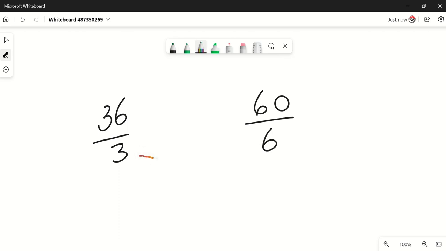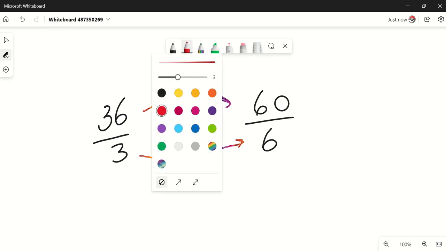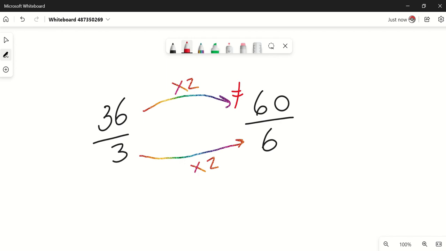I know 3 needs to be multiplied by 2 to become 6. But whatever happens to one side of my ratio has to happen to the other. I already know that 36 times 2 will not equal 60. Therefore, these two are not going to be equivalent. So I'm going to put 36 to 3 is not equivalent to 60 over 6.